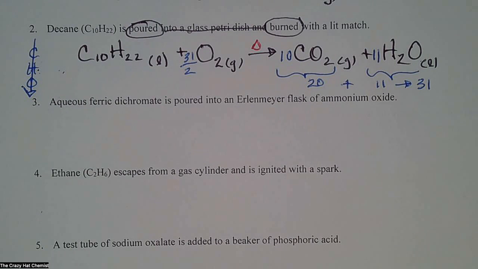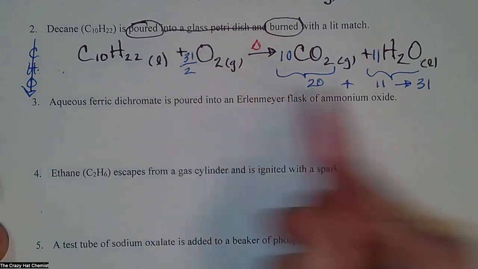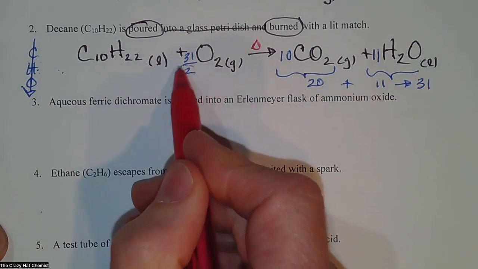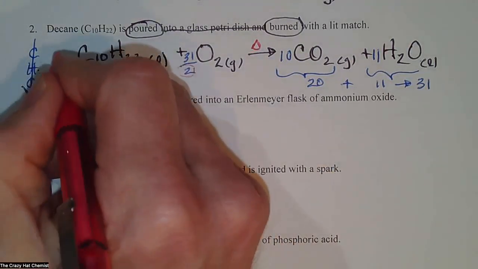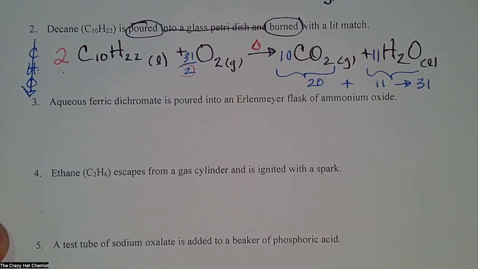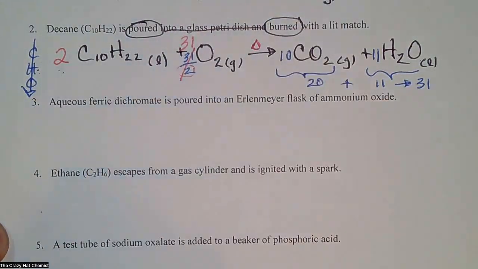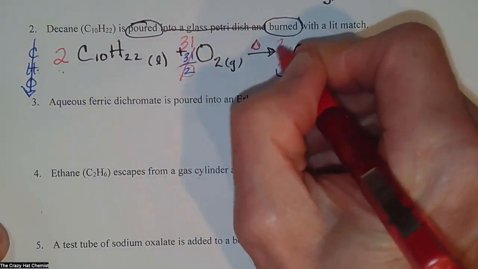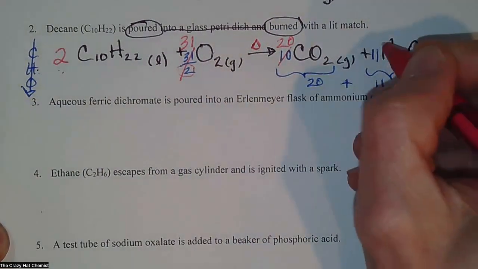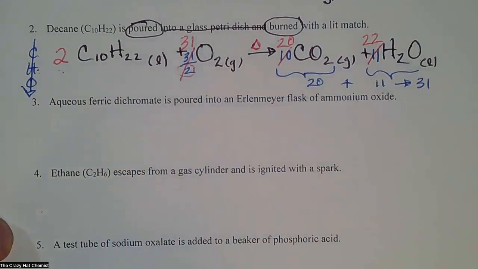So in order to get rid of that fractional coefficient, I'm going to multiply the entire equation by the denominator, which is a 2. So my ending stoichiometric coefficients is going to be a 2 for the decane, 31 for the molecular oxygen, 20 for the carbon dioxide, and 22 for the water.